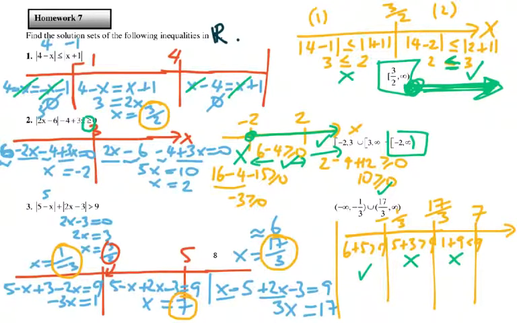No. Okay, so then for above 7, let's try x is 8. So we'd have 5 minus 8, that gives us minus 3. In absolute value, that's 3. And if we have 8, 2 times 8 is 16, minus 3 gives us 13. 3 plus 13, is that bigger than 9? Yes, it is. 16 is bigger than 9.